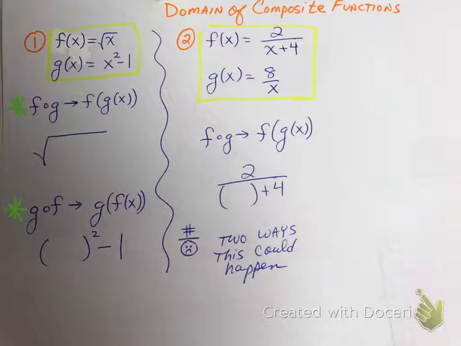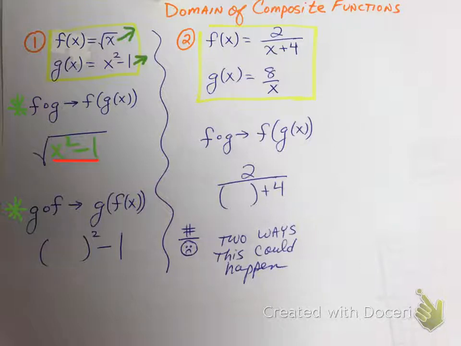So notice I already have a skeleton for both problems, and I'm going to put function g inside of f, and when I do that, I get that function there. Now, even though the original domain is x is greater than 0 here, and here the domain is all real numbers, once you put the function inside of the other function, you have a whole other issue here.